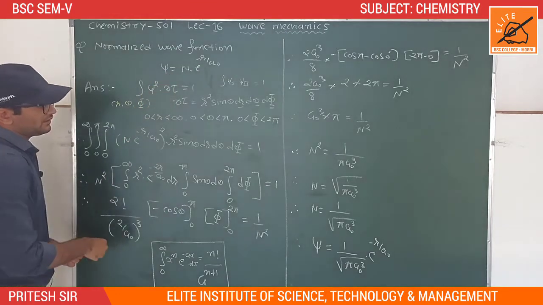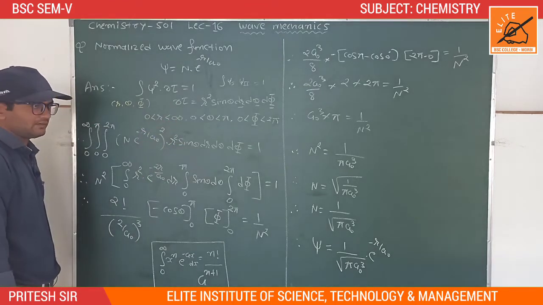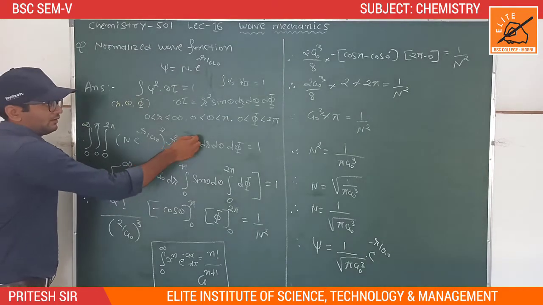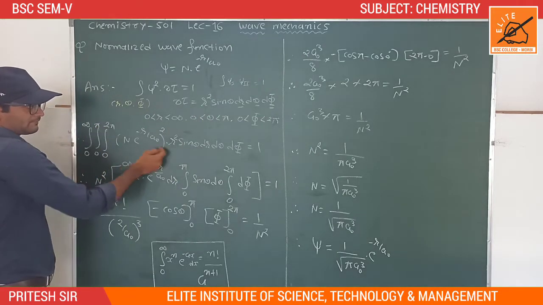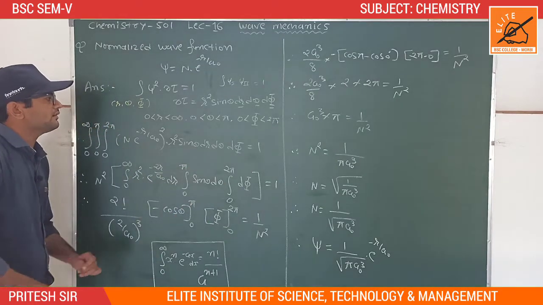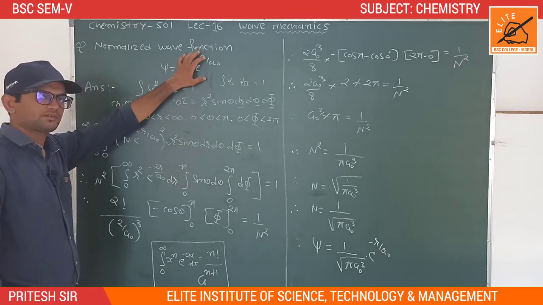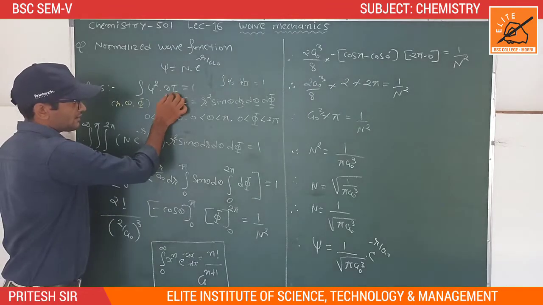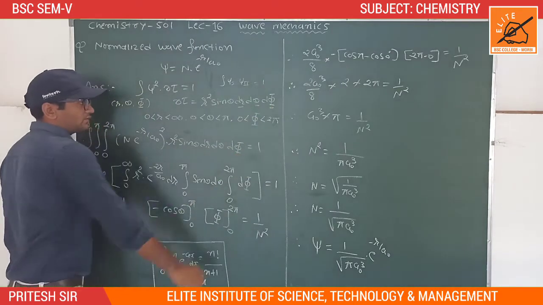The limits are 0 to infinity for the r variable, 0 to pi for the theta variable, and 0 to 2 pi for the phi variable. Put the value of psi equal to N e to the power minus r upon a0, so we put psi square, and the volume element d tau equal to r square sin theta dr d theta d phi, is equal to 1.